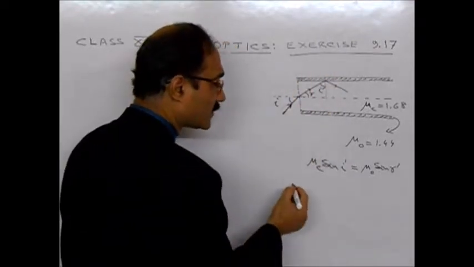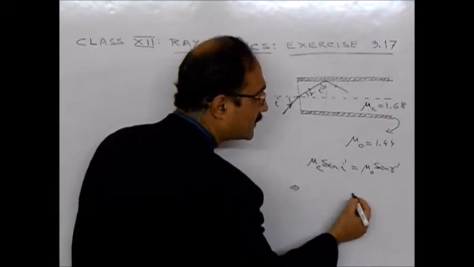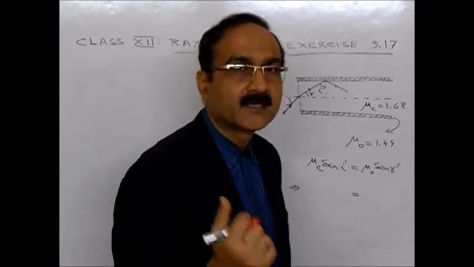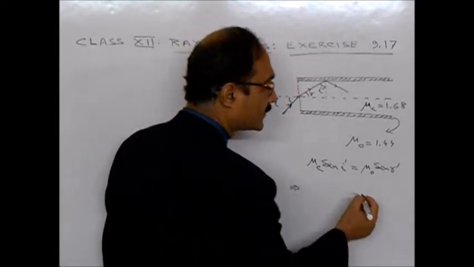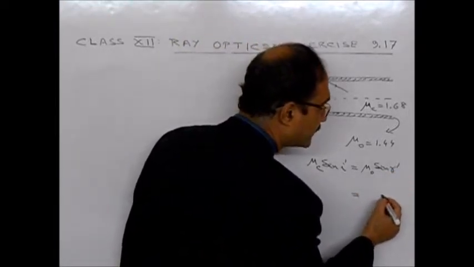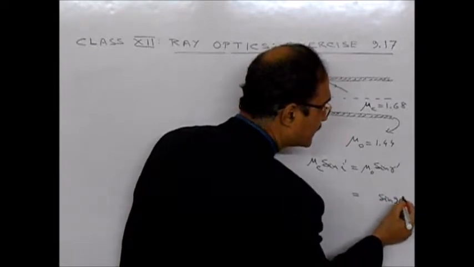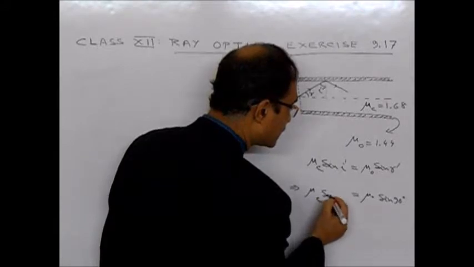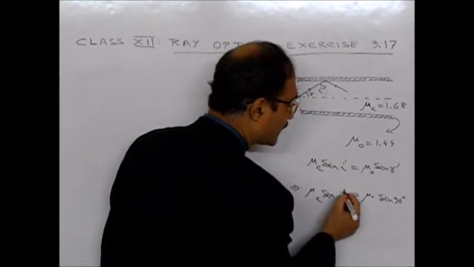Now, for total internal reflection to occur, first we have to find out the critical angle. We know for the critical angle, R dash is 90 degrees, so this will be mu naught into sine of 90 degrees, and this is mu c into sine of I dash.